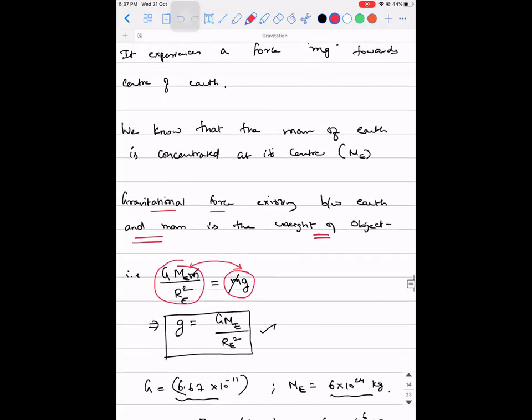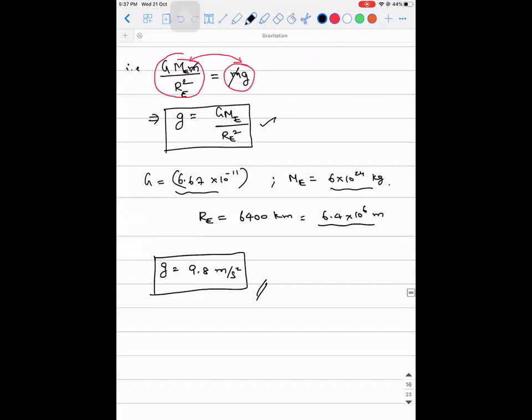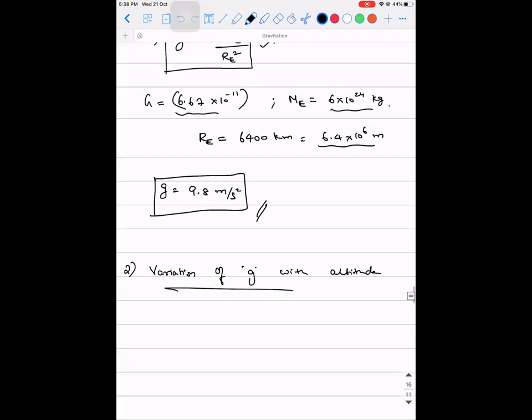The next topic that we are going to see is variation of g with altitude. That is, if you go away from the center of the Earth, what is going to happen is what we are going to see. So mass of the Earth is concentrated at its center. This distance is RE.